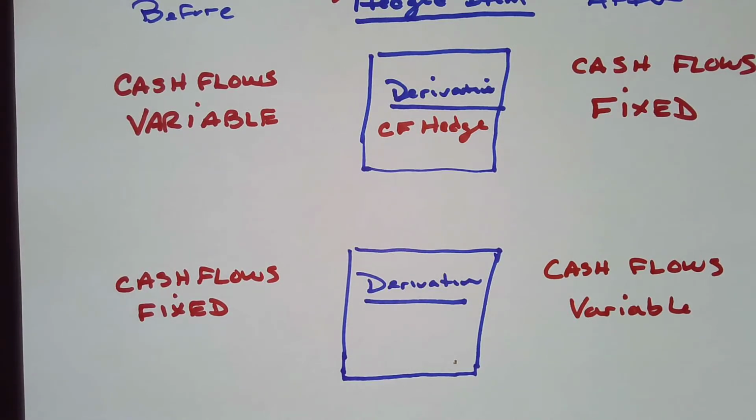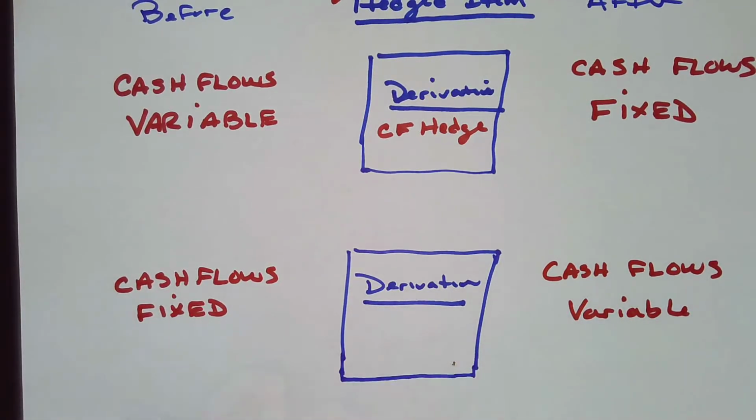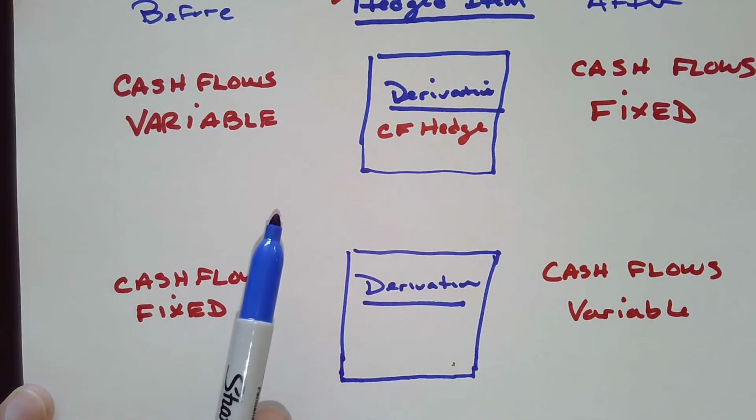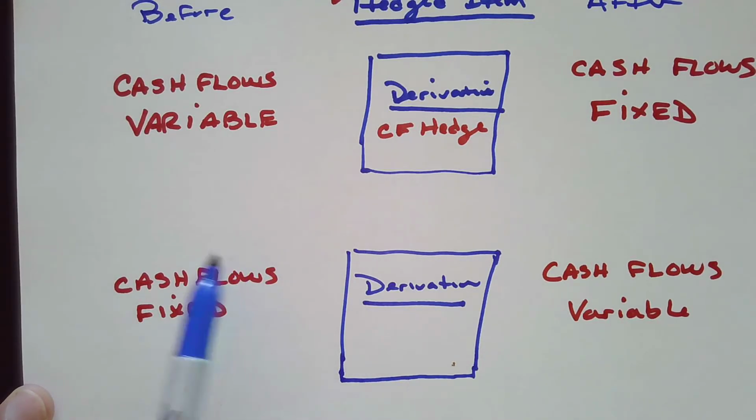So I want to take the fixed cash flows that I have and make them variable, to save whatever fair value I have in my asset and capture that. Fixed income investments are the easy example: as interest rates go up, the fair value of the instrument goes down.